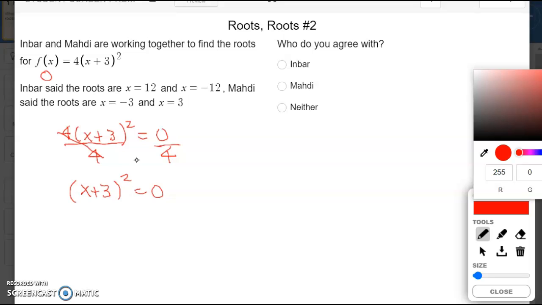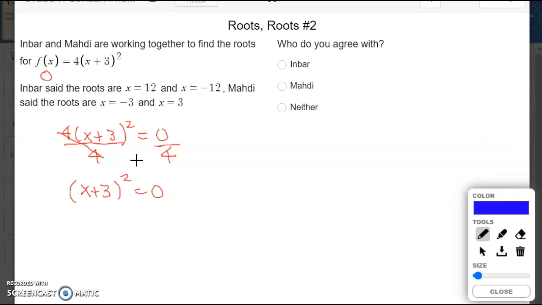And then from here, I can take a square root of both sides to cancel out the squaring. And that leaves me with x plus 3 is equal to, what is the square root of 0? That's just going to be 0. The plus or minus does not take effect because for 0, there is no positive 0 and -0.